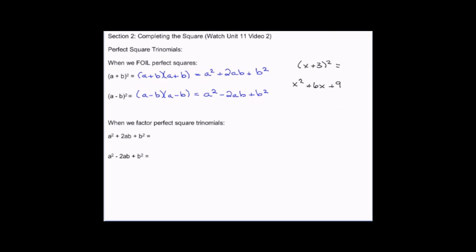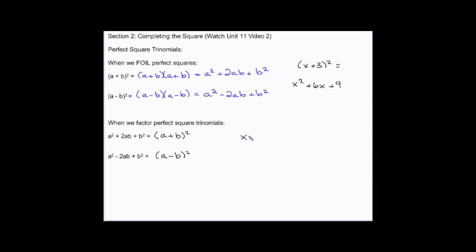And just as we could FOIL out a perfect square, we could factor a perfect square, and a squared plus 2ab plus b squared would give us a plus b squared, and a squared minus 2ab plus b squared gave us a minus b squared.